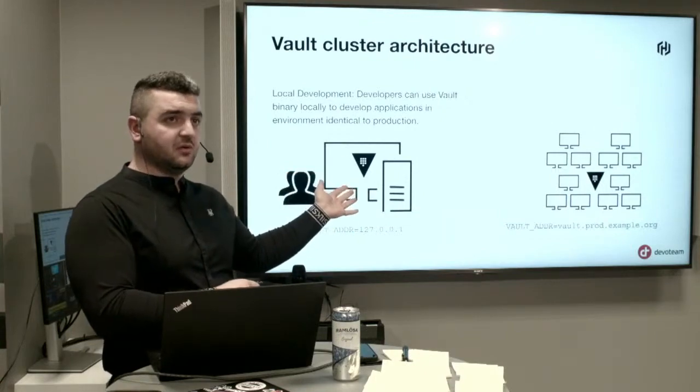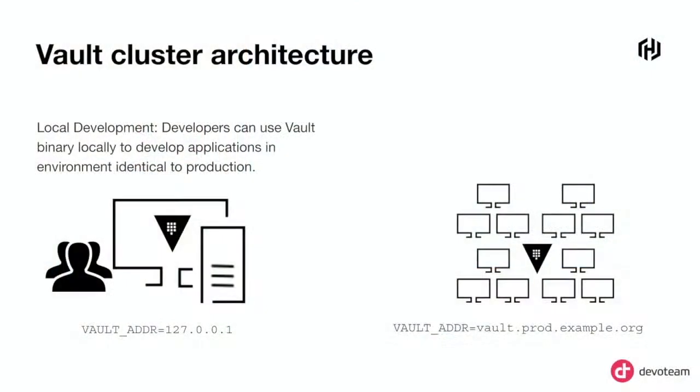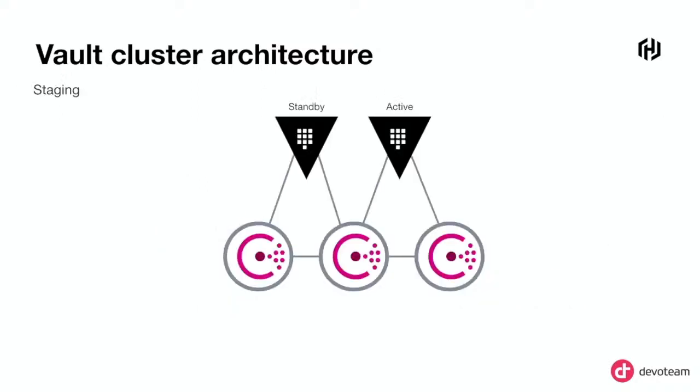HashiCorp Vault is written in Golang, and it is a single binary application. So all you need to do is download the single binary anywhere and just run it. And then the more you go, the more advanced you start to do it.